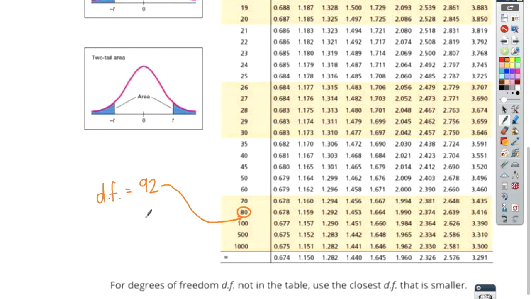Even if your degrees of freedom were 499, which is very close to 500, you're still going to jump back on the table to the next closest smaller value. Only if you have to. We'll mostly deal with degrees of freedom up here on the table where you have everything, but just in case you were to encounter that, you always go to the smaller value.